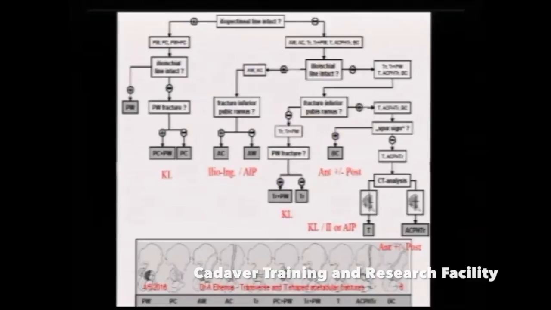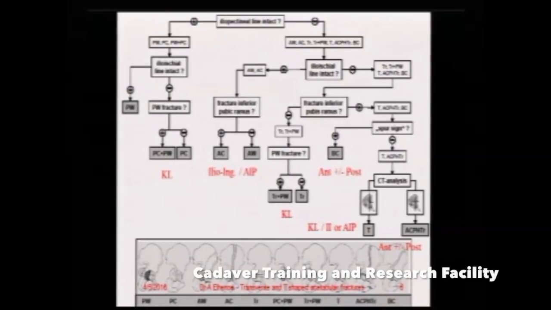If the iliopectineal line is intact, that means there is no fracture going into the anterior column. So the only fractures present are those which extend into the posterior column, and these are the posterior wall, the posterior column, the posterior wall and posterior column. So the next thing on any AP X-ray that we are going to see, and 90% of all the fractures will be diagnosed on AP X-ray if you follow this protocol.